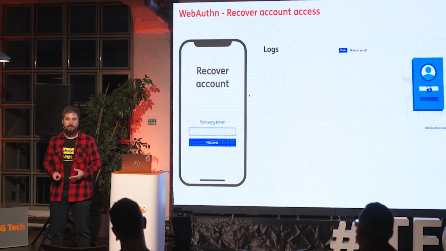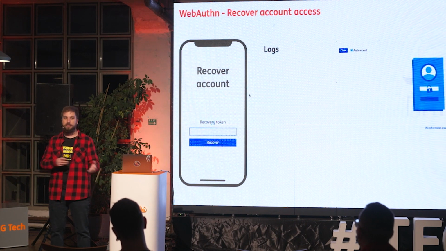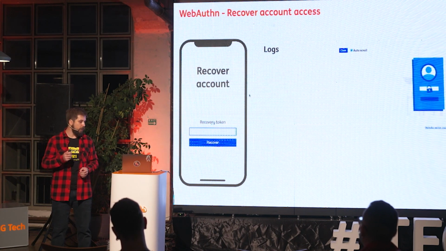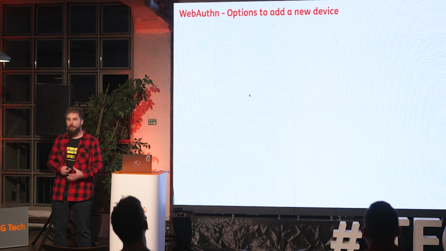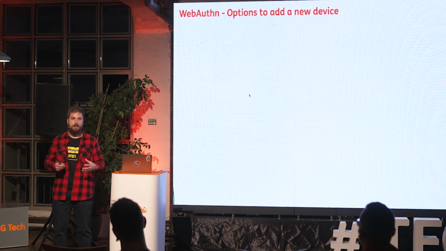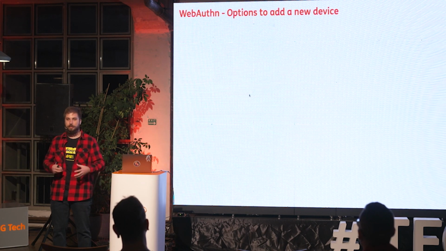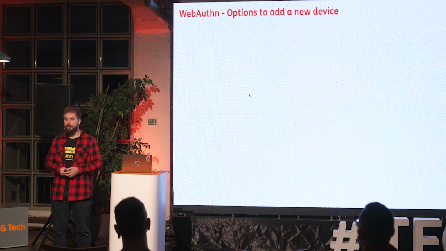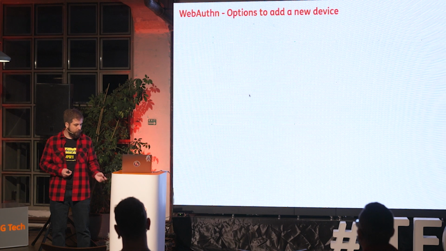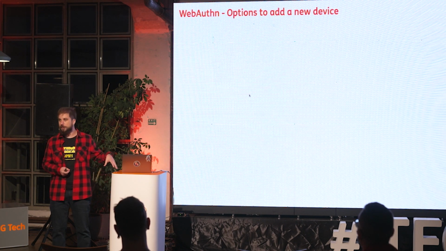But we live in a more complex world than that, and we probably want to access our account from multiple devices, so several smartphones, laptop combinations, and so on. That's why we did a bit of digging into the adding a new device flow, extending your access across multiple platforms. The W3C specification for web authentication provides an example of how you could do this. It implies using a roaming authenticator, such as a USB key, and your credentials will sit on it.